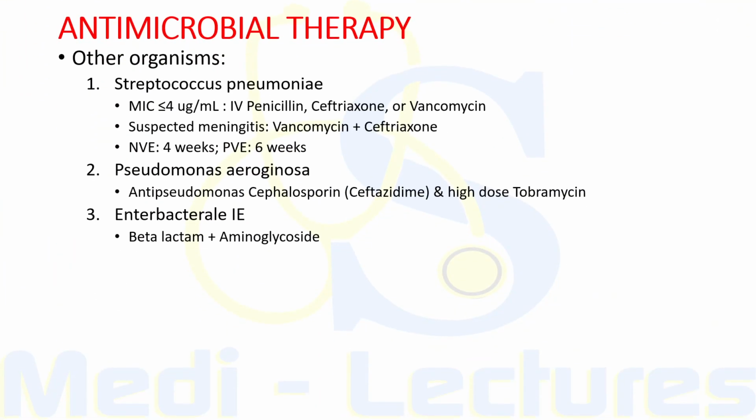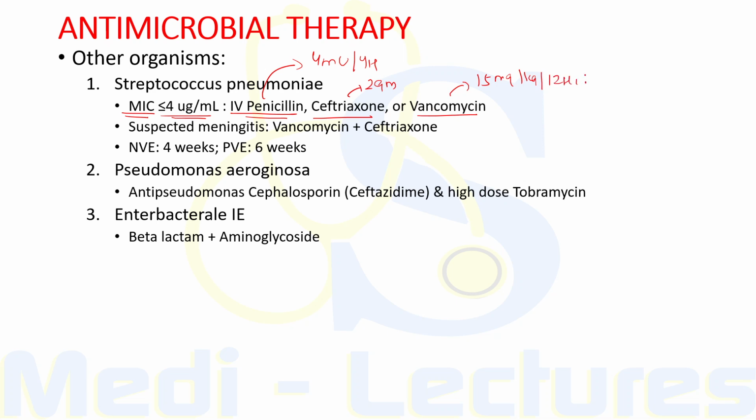For Streptococcus pneumoniae, the infective endocarditis caused by this bacteria isolates with a penicillin minimal inhibitory concentration of less than or equal to 4 microgram per ml can be treated with either IV penicillin in a dose of 4 million unit every 4 hourly or ceftriaxone 2 gram daily or vancomycin 15 milligram per kg every 12 hourly.